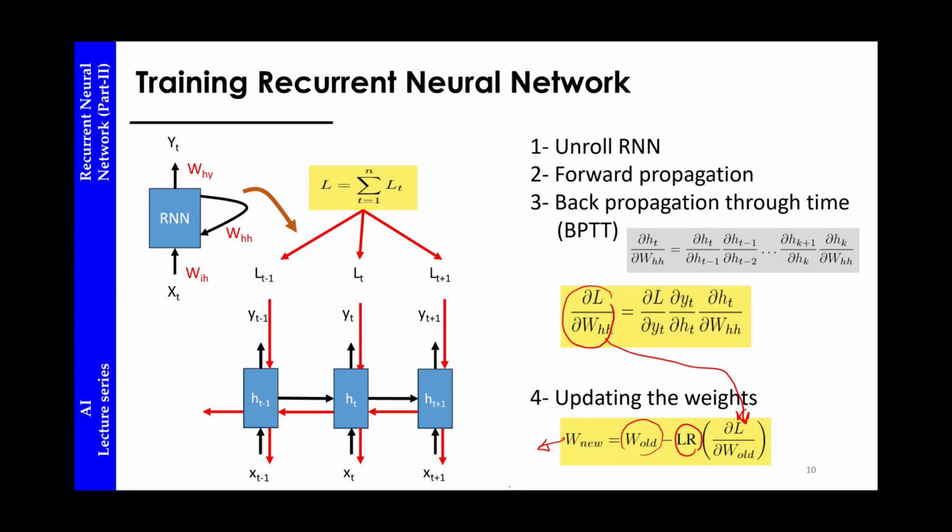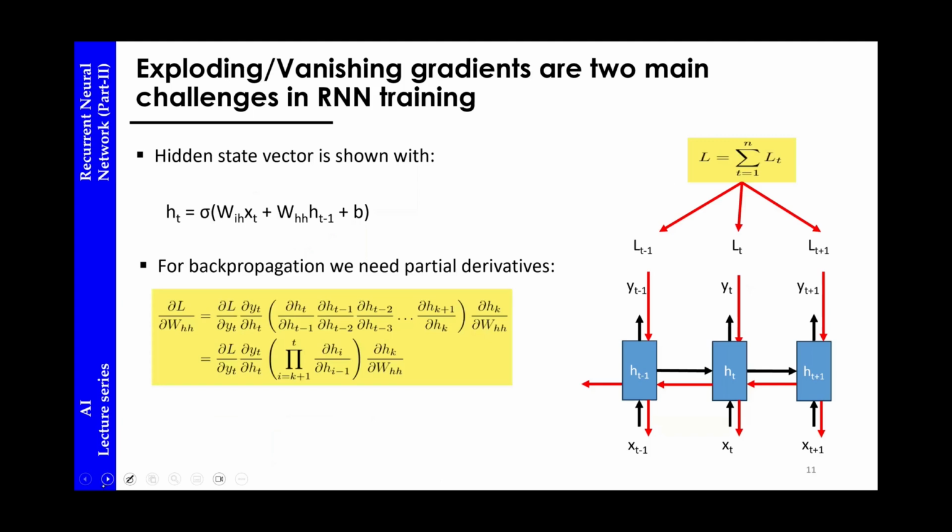Getting back to the challenge that I mentioned in the previous slide, we may have exploding or vanishing gradients when we are training recurrent neural networks. Here, I want to give you an intuitive example, and then I will go through the mathematical insights.